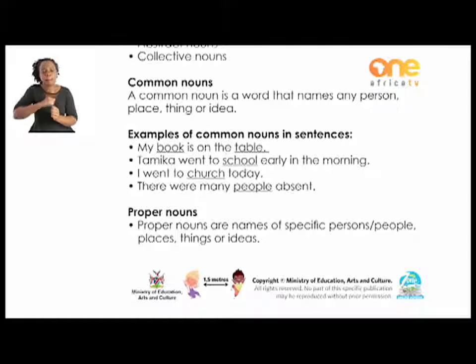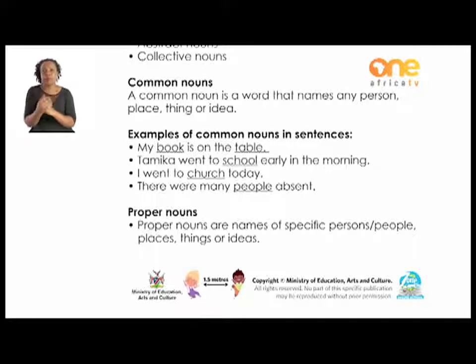My book is on the table. So, the words book and table, those which are underlined, are the common nouns. My book is on the table. Book and table are common nouns. The next one, Tamika went to school early in the morning.